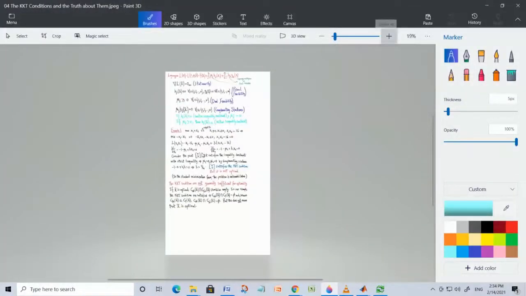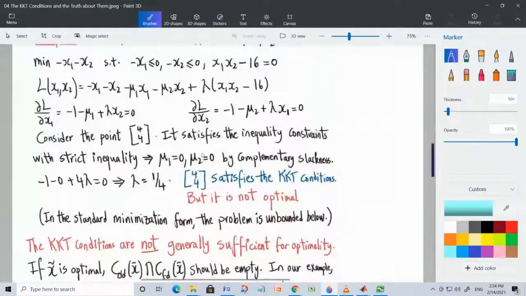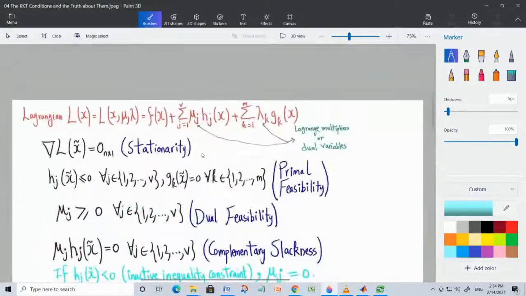So here are the KKT conditions. You have a general constrained optimization problem. You start with something called the Lagrangian. If you look at the Lagrangian, it looks like what I had on the previous page, but without the gradient vector.